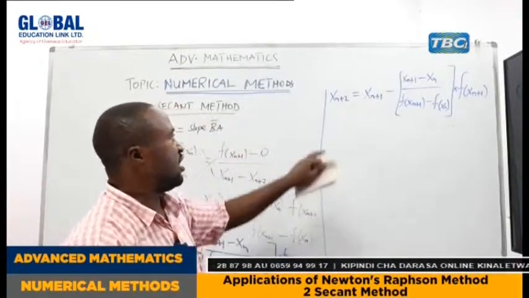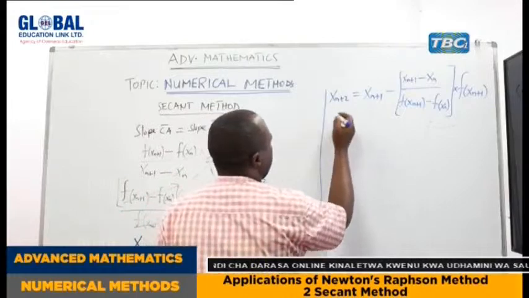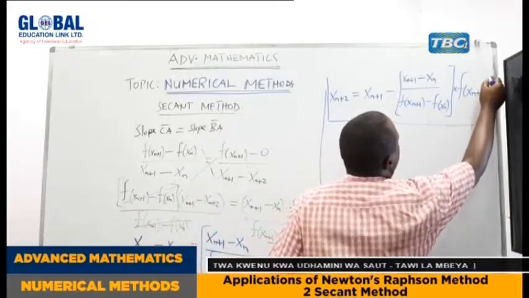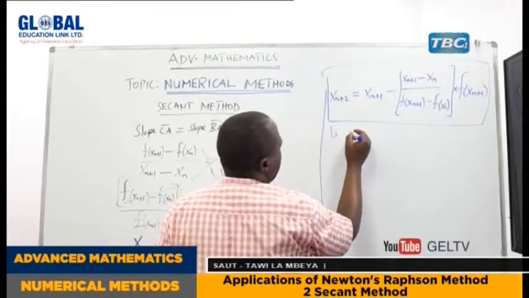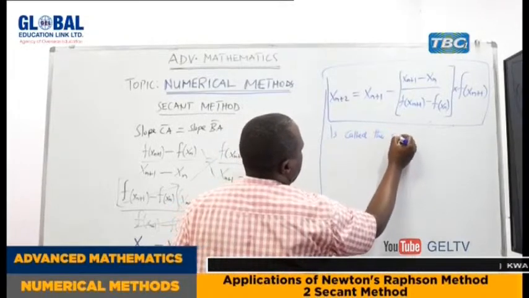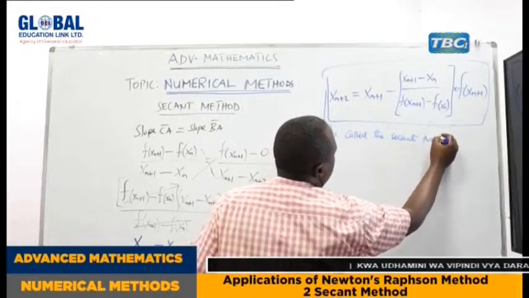Now, my dear student, this is called the second method. So the general formula derived here is called the second method.